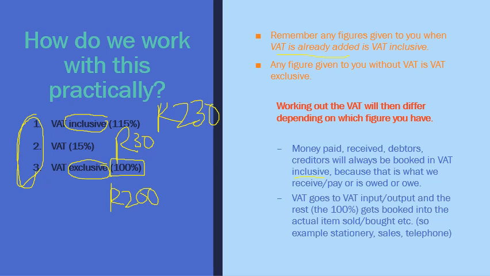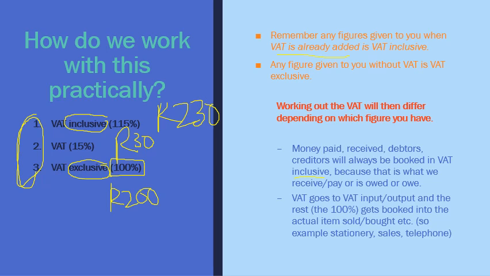So if we pay money, we actually pay the money and the VAT. Any time we deal with money paid, received, money due, creditors, money receivable by debtors, we work with those figures VAT inclusive, because we pay or receive that full amount.